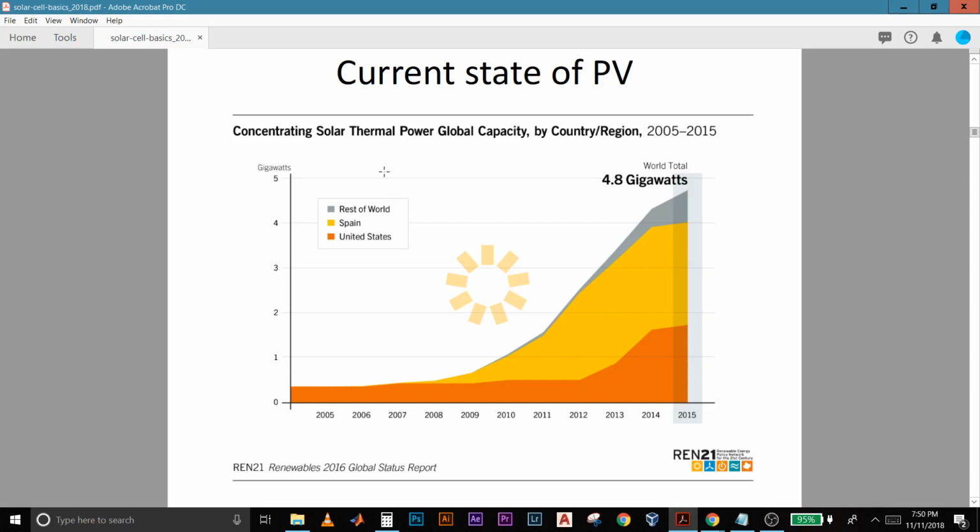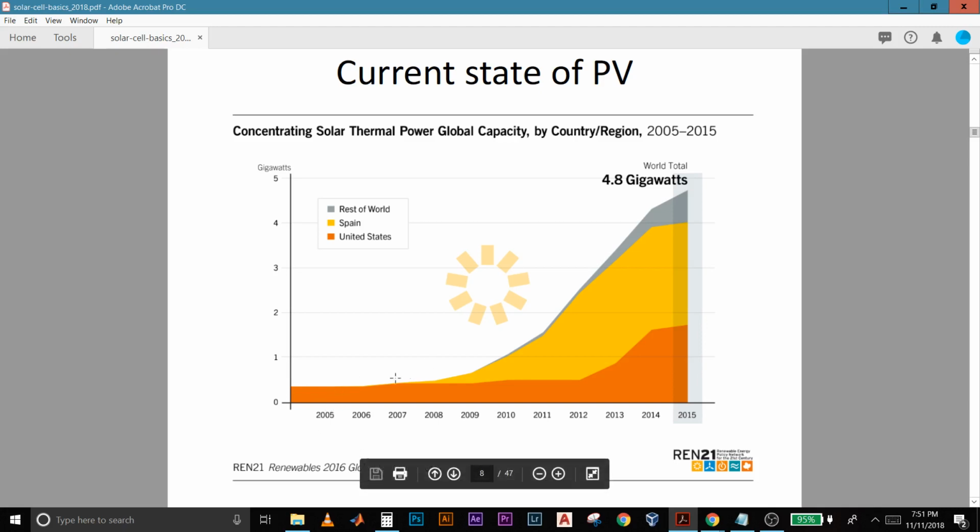Here is the current state of photovoltaics, and I got this chart off the Renewable Energy Policy Network report for the year 2016, and it shows that obviously this has progressed much better over the last couple of years.